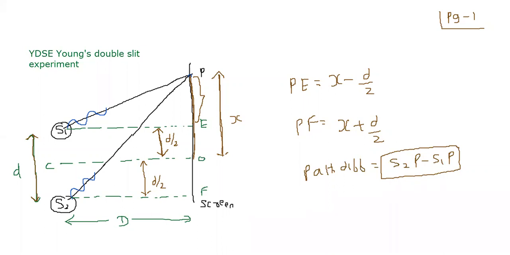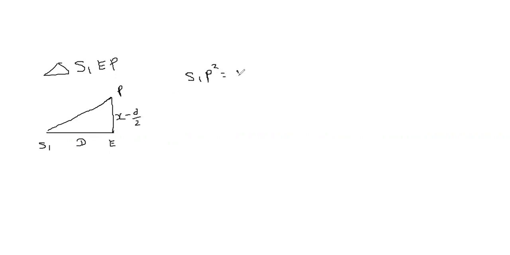Now we start the derivation. First we take this triangle. We take triangle S1EP. So this is S1, this is E, this is P. We can apply Pythagoras theorem. S1P square is equal to D square plus X minus D by 2 the whole square.